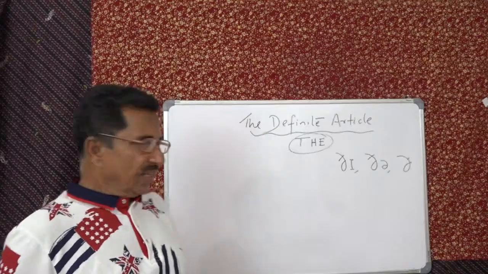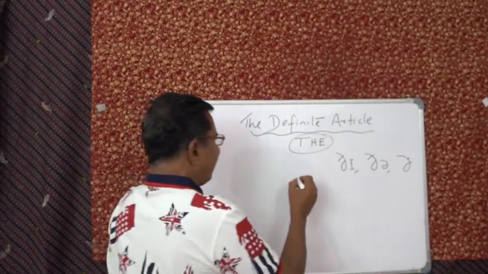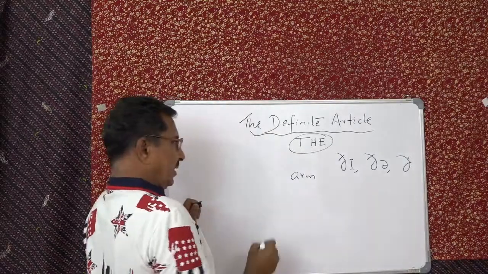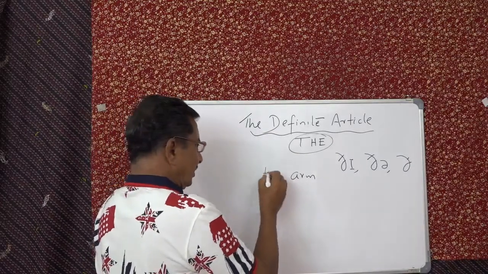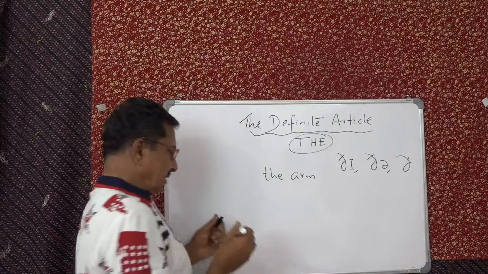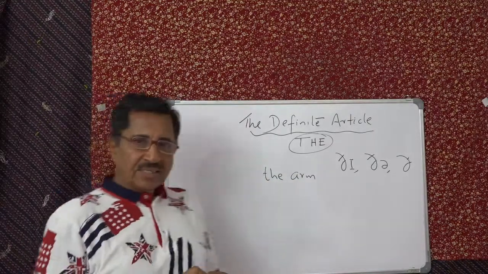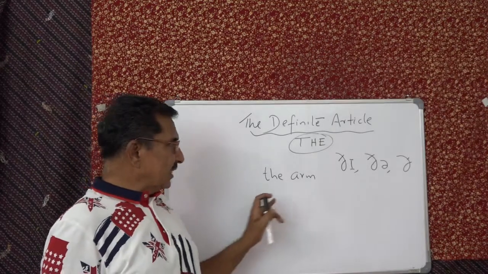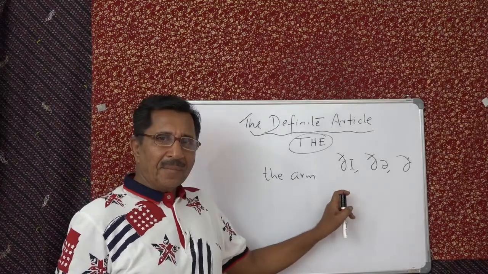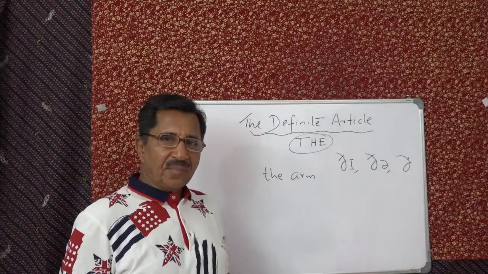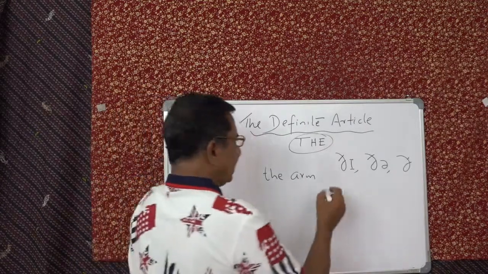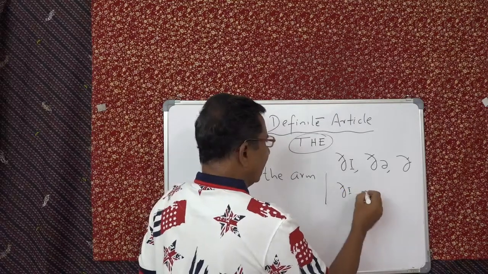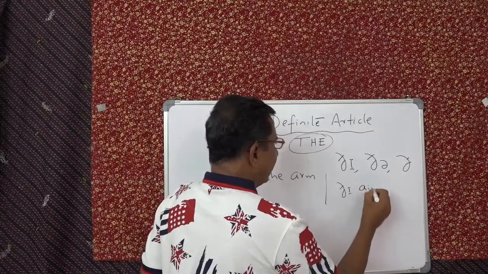Suppose you have got A-R-M, and you are using T-H-E before that. Then what will you do? You will say the arm. The pronunciation is the arm.